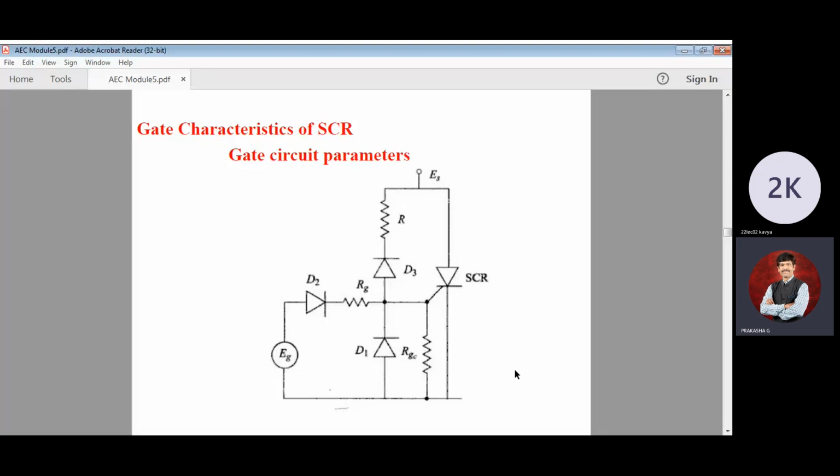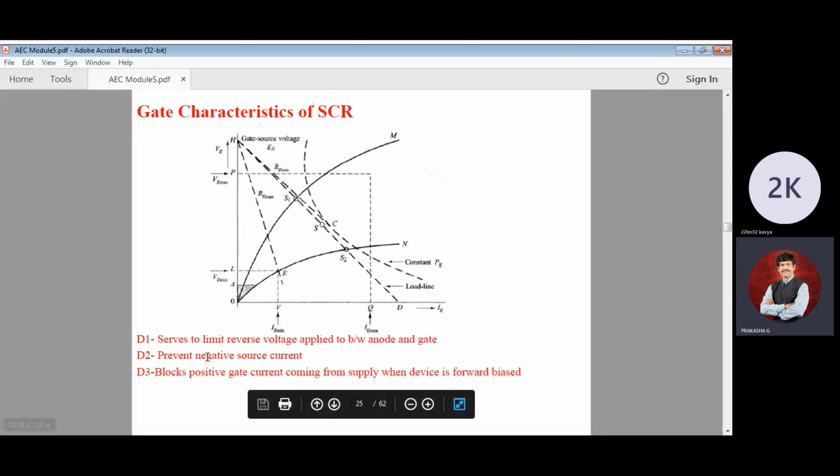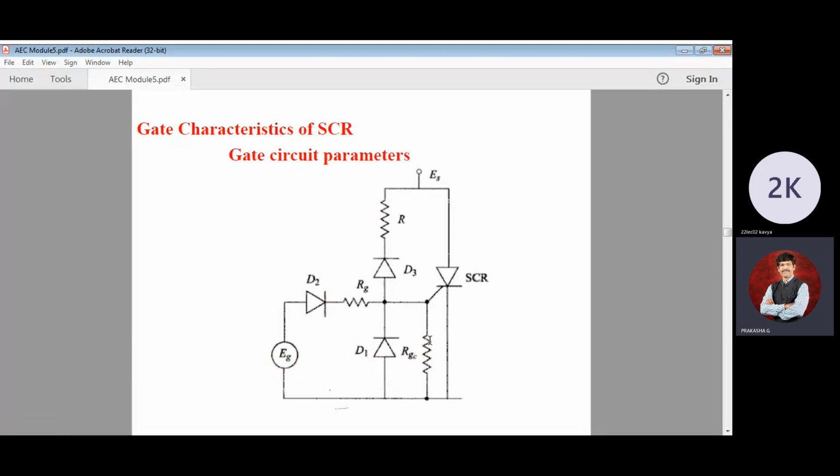D1 is a diode which is used to block the negative current. See here, D1 serves to limit the reverse voltage applied between the anode and the gate. We have the anode and we have the gate, so to block that reverse voltage, we are going to use D1.